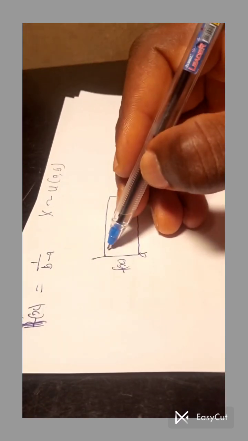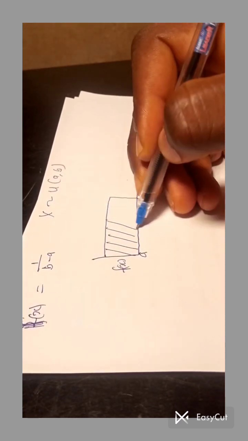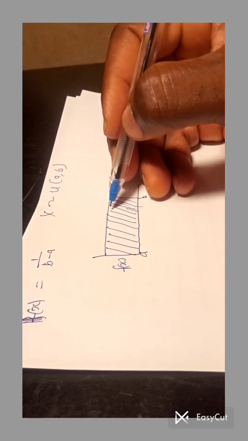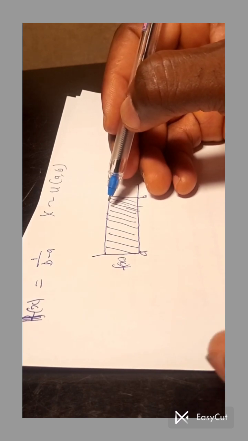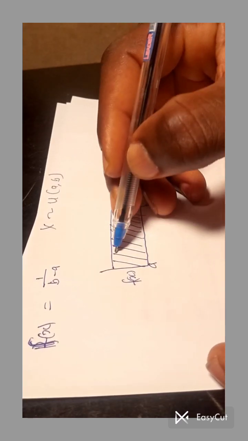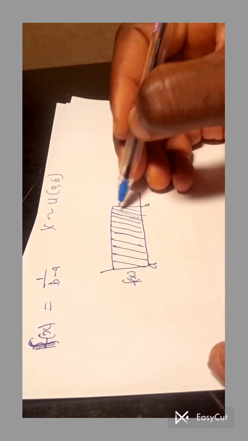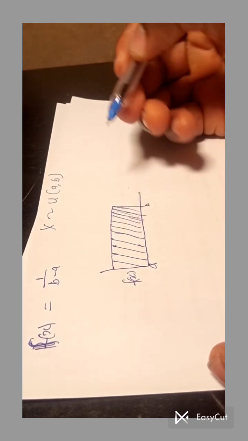And we know that the area under this curve equals 1. We are talking about the total area. Whenever we are talking about probability, the total probability under any curve equals 1.